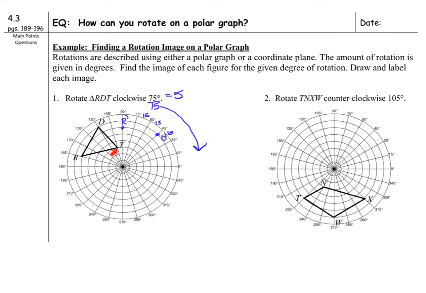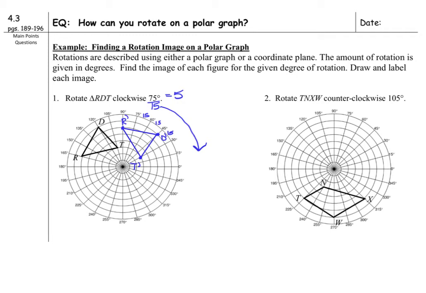So count 5 over. 1, 2, 3, 4, 5. T prime would be right here. Then you want to make sure that you connect your points of your image. And now we've rotated triangle RDT 75 degrees about the origin on a polar graph.